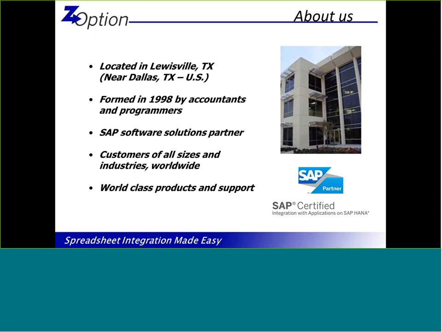And they decided to form a company and write what we consider the Cadillac of journal entry upload tools. Z-Option is an SAP software solutions partner. We work exclusively in SAP, and the GLSU product you're going to see today is our flagship product for uploading finance documents, but as you'll see here in just a second, we have other products as well.